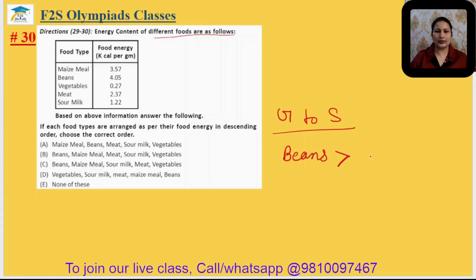Beans are greater than your maize meal, M. This is greater than your meat, single M. And this is greater than your sour milk, SM. This is greater than your vegetables. So beans, then maize meal, then meat, then sour milk, and then vegetables. It is in option number B. So the 30th answer will be B.